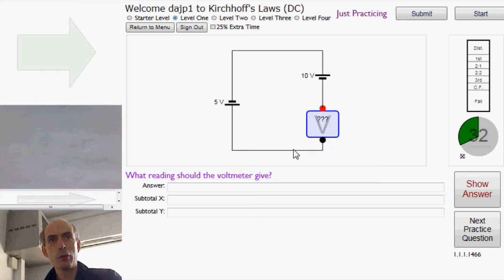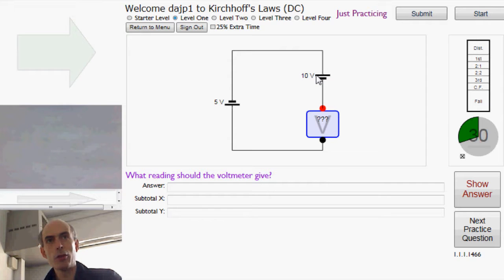And the answer is, we go up here, we find a 5 volt voltage source, but we're going from the positive to the negative end of the voltage source, so we're dropping minus 5 volts. We are now 5 volts below where we started down here. Keep on going round, and now we've hit a 10 volt voltage source.